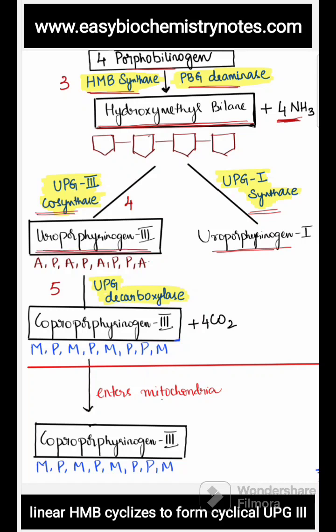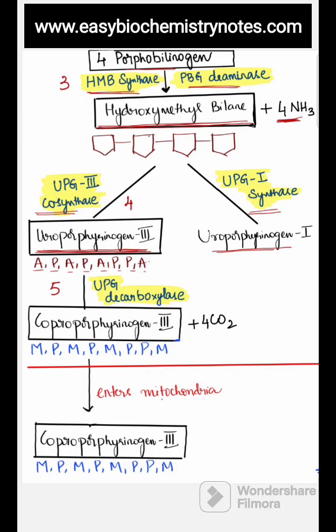uroporphyrinogen 3. Now because this is a type 3 porphyrin, these substitutions are arranged in an asymmetrical manner. Now this uroporphyrinogen 3, in the presence of the enzyme decarboxylase, that is 4 carbon dioxide molecules are removed, because this acetyl gets converted into methyl.